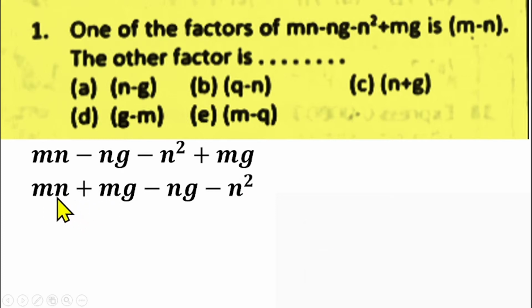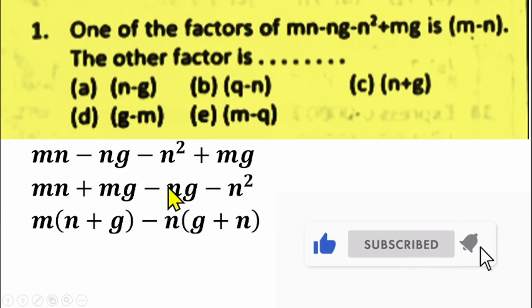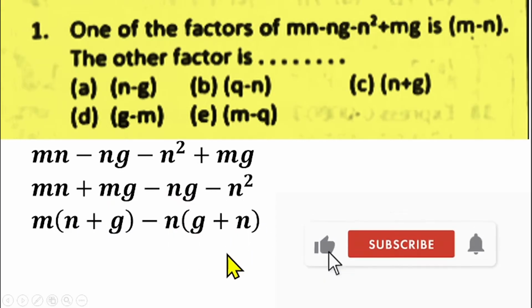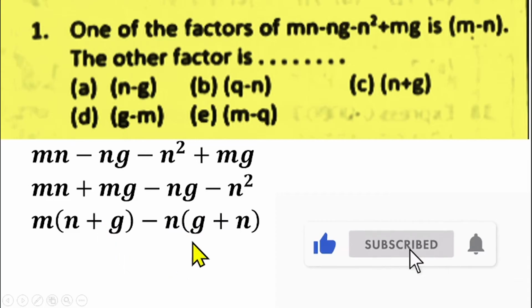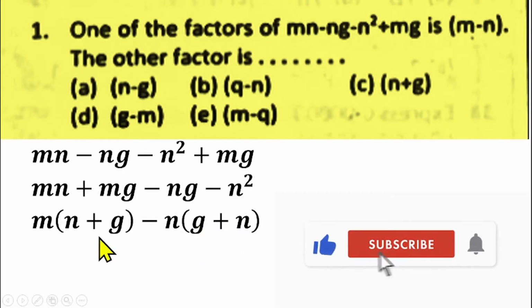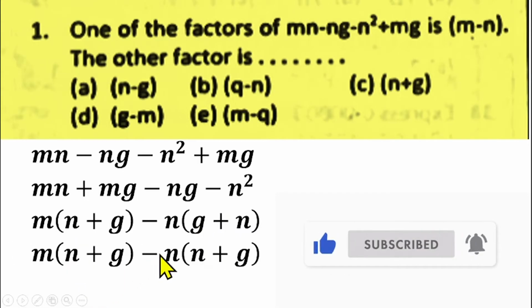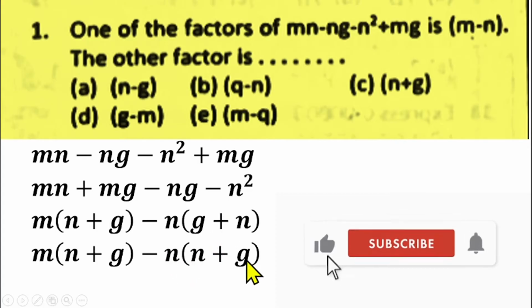If you factorize this, m is common, so you'll be having m into n plus g, and then minus n is common here, so we'll be having minus n into g plus n. We know that the two brackets are meant to be the same thing, so you can just rearrange it so that they look alike. That should give us m into n plus g minus n into n plus g.